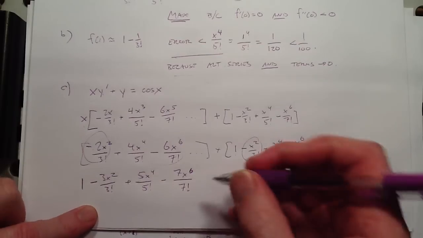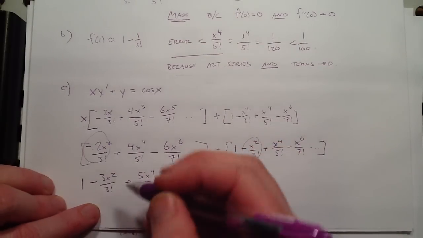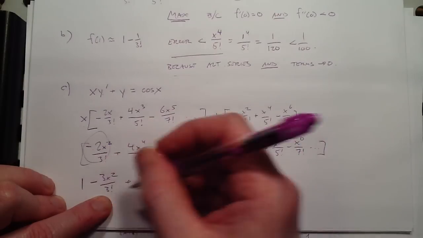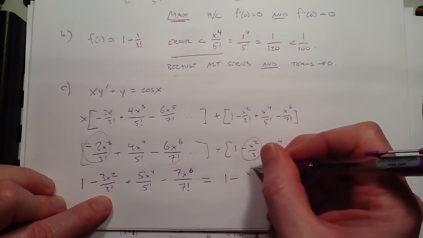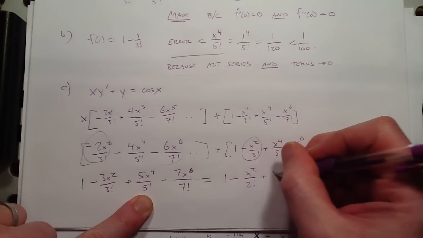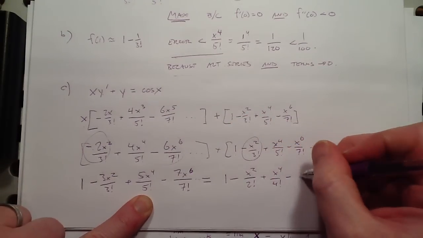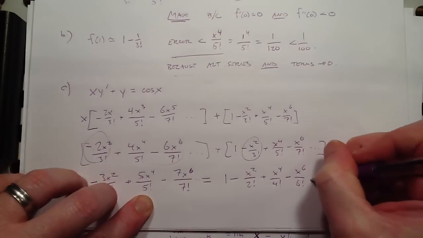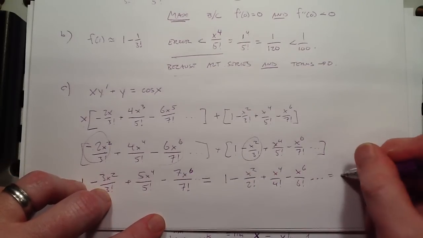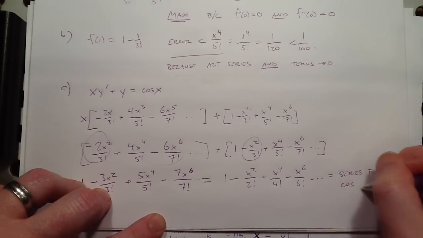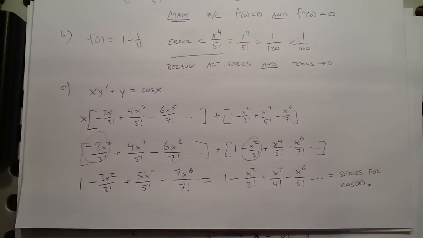And simplifying this, the 3 here cancels out the front number of that factorial. 3 over 3 factorial knocks the 3 off, so that's just x squared over 2 factorial now. 5 knocks off the first 5 and makes that 4 factorial, and 7 knocks the first 7 off, makes that 6 factorial, and that equals the series for the cosine function. Pretty cool.